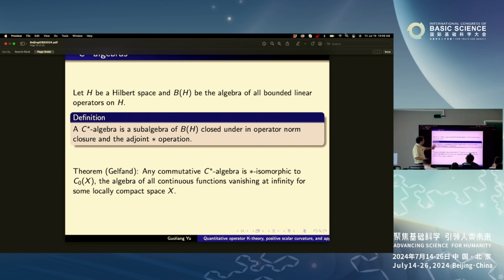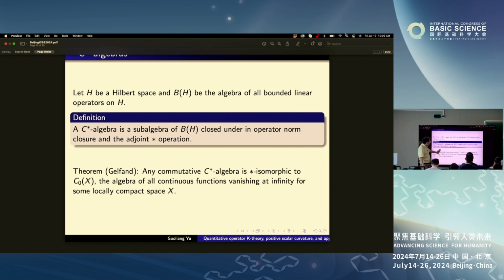Now, sometimes we view a C-star algebra in general as a so-called non-commutative space, because Gelfand showed that any commutative C-star algebra is isomorphic to C0 of X, where X is a locally compact space, and C0 just means the algebra of all continuous functions vanishing at infinity. When you take the limit going to infinity, it's 0.